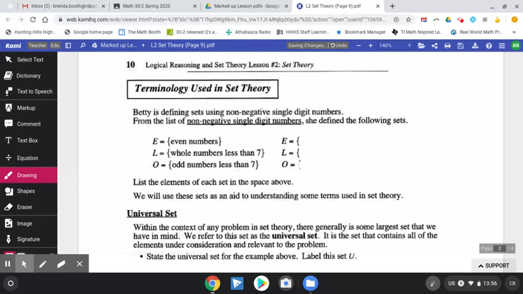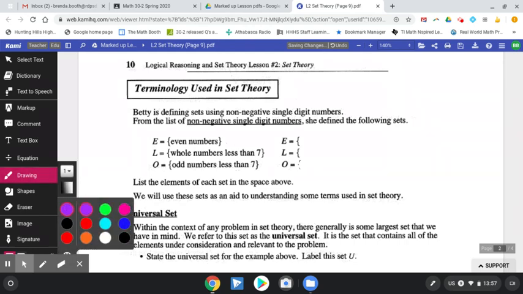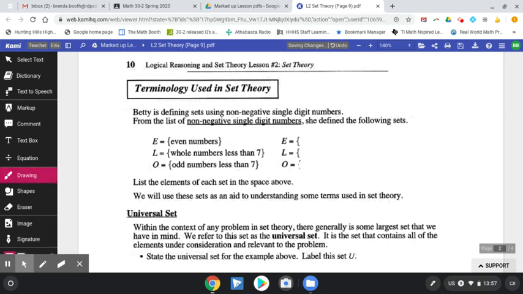We've got Betty defining sets using non-negative single-digit numbers. From the list of non-negative single-digit numbers, she defined the following sets. Again, what I said earlier was it's always a good idea to actually write out that set. They've described the set with words, but it's much more helpful if we actually write out the list.